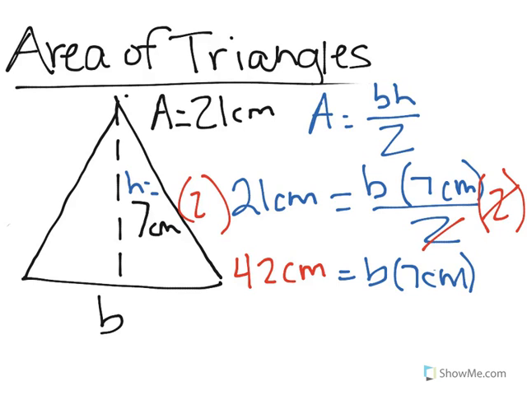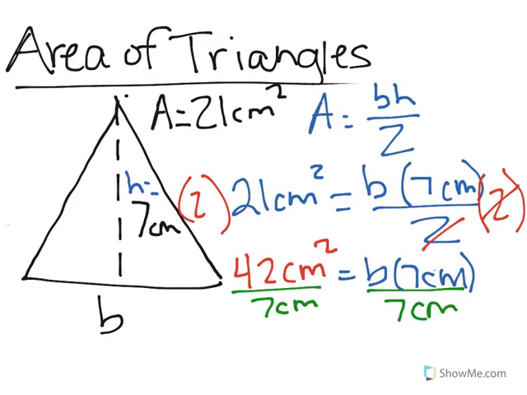If my base is being multiplied by 7 centimeters, I need to do the inverse operation of multiplication, which is division. So I will divide by 7 centimeters on each side. And I just realized my mistake, and maybe you caught me before, but I didn't have my units written right. I need to fix that right now because that is a big issue. We have to have our units correct.